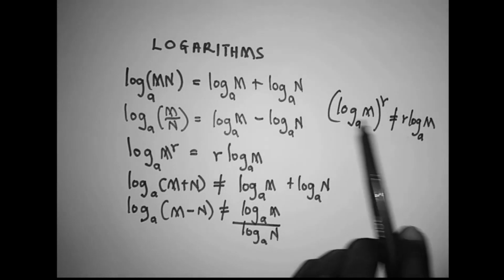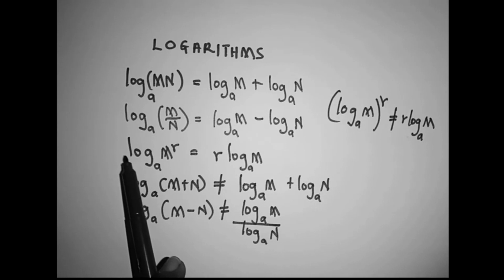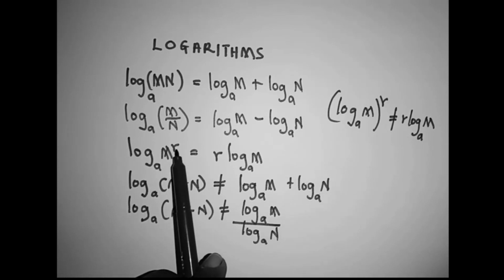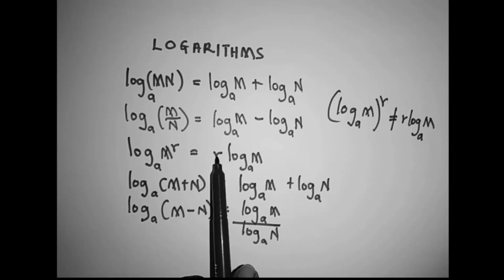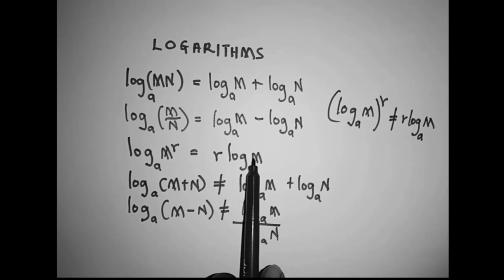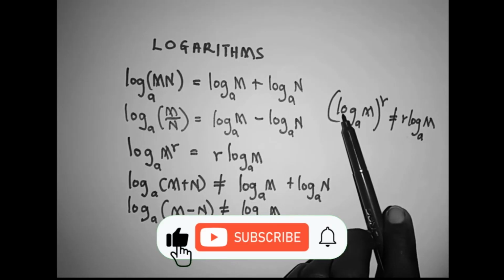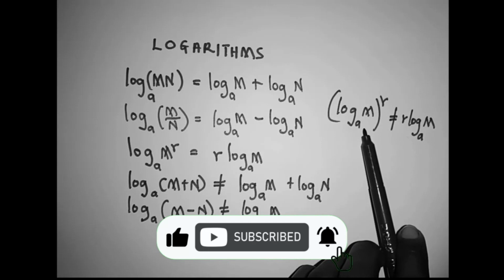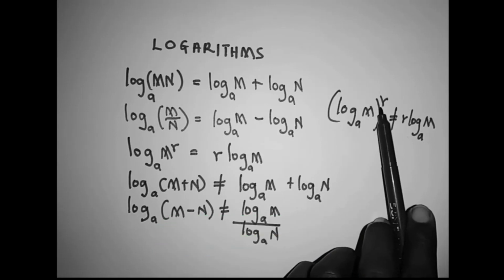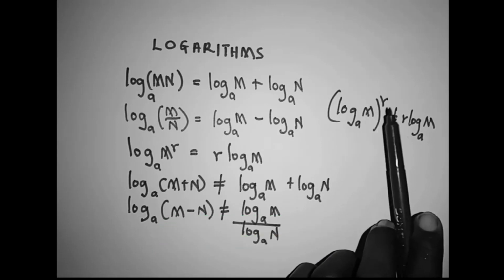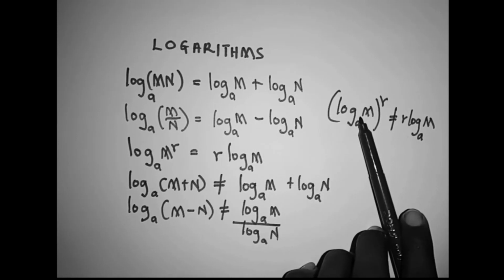So we need to get the differences. It is rather log base a of m exponent r that is equal to r log base a of m. It is not the same as log base a of m, all in brackets, exponent r. So these are the differences between these two.